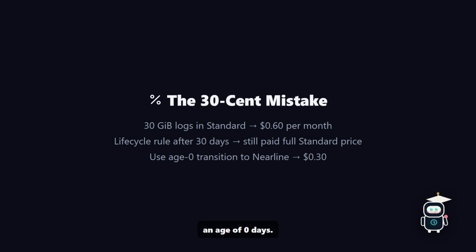Many teams use an age of 0 days. Now that same 30 GB costs 30 cents instead of 60 cents for the month. The rule triggers the moment the object lands, not after you've already been charged. Always ask, do I ever need this to be hot? If the answer is no, freeze it at birth.